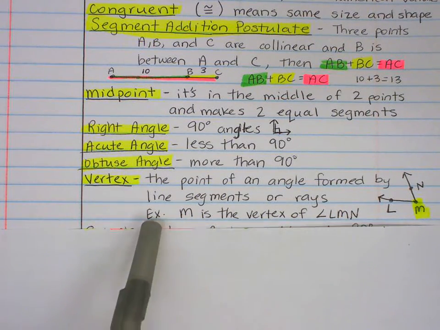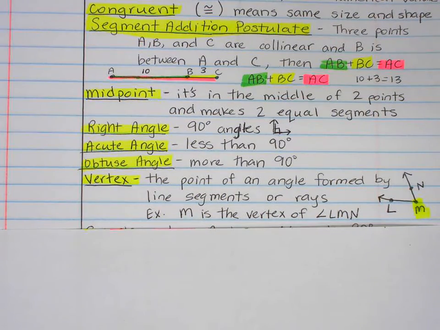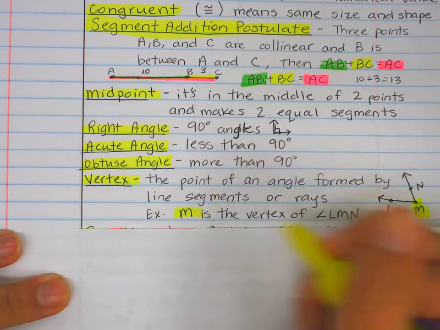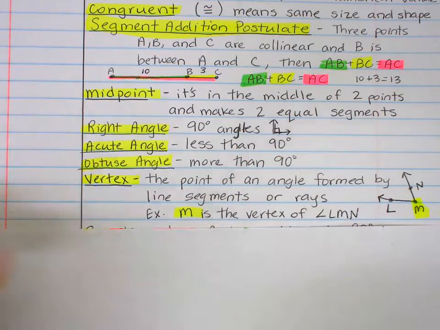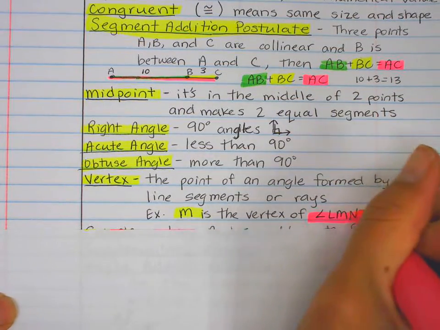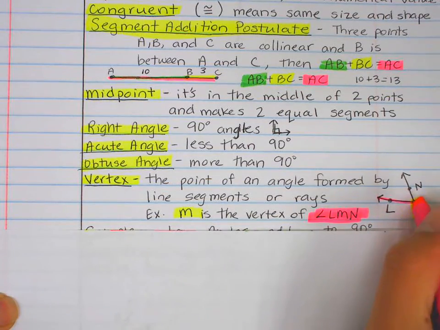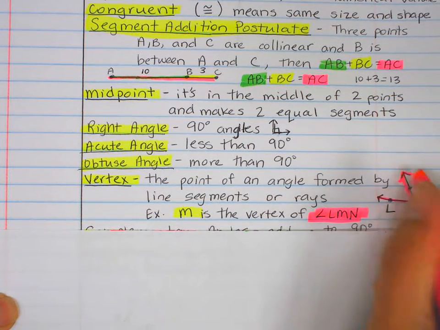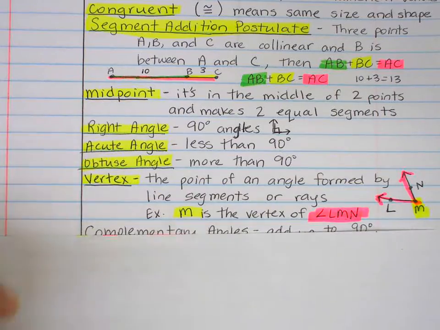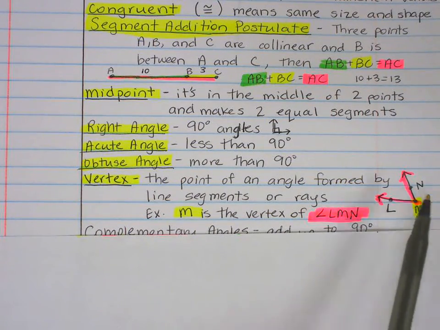So in this example, M is the vertex of angle LMN. I'm going to use a different color just to show you. This means angle LMN. It's formed by two rays. Since they have arrows at the ends, these are two rays that are meeting at one point. And the point that they meet at is the vertex, and that is M.